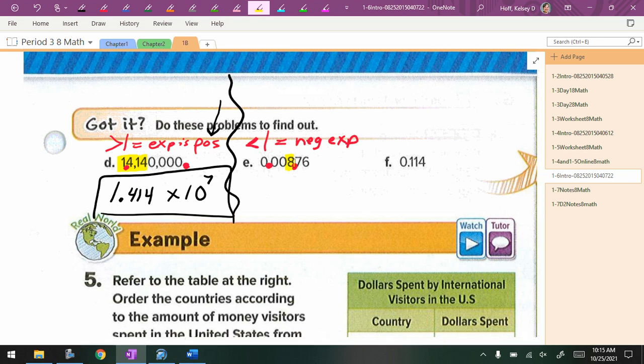This decimal right here, if I put it here, the only digit, remember zeros don't count, the only number in front is the 8. So I end up with 8.76 times 10 to the, how many swoops are in between? But what do you know about your exponent? It's negative, so a negative 3.